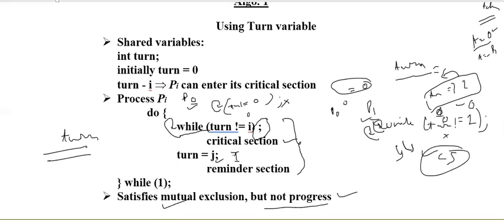It's just like suppose I want to enter a train, and at the door there are two persons. One person is saying, sir, please you go first, and the second person is saying, I don't want to go at all.